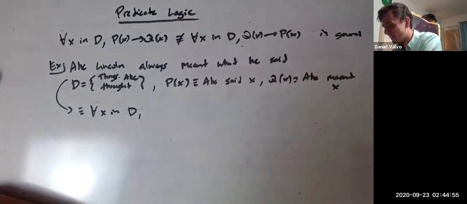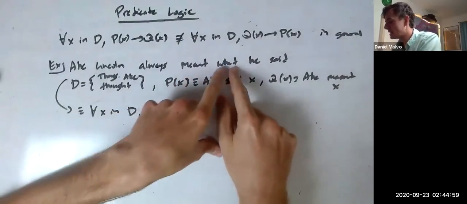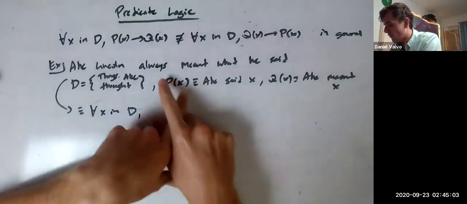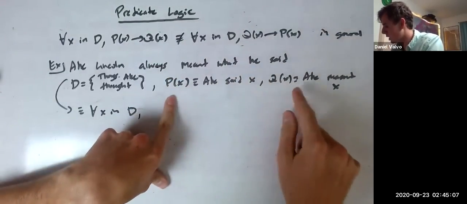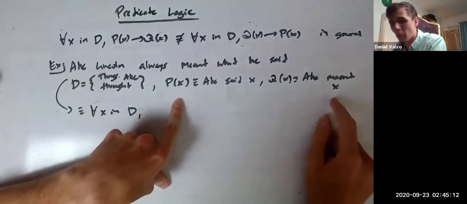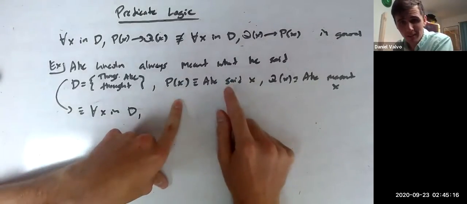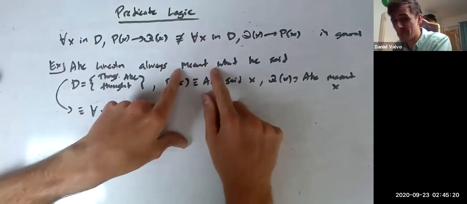The point is, Abe Lincoln always meant what he said, right? If we're trying to deal with this statement, does P of X imply Q of X, or Q of X imply P of X? If we say Q of X implies P of X, what that means is that whatever Abe means, he says. But this isn't saying that he always said what he meant.